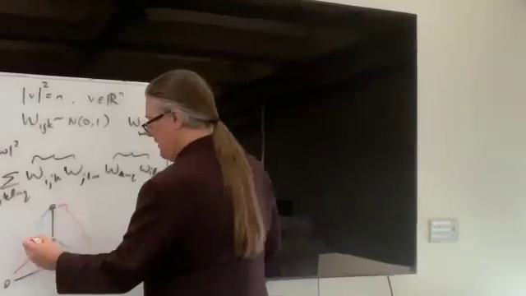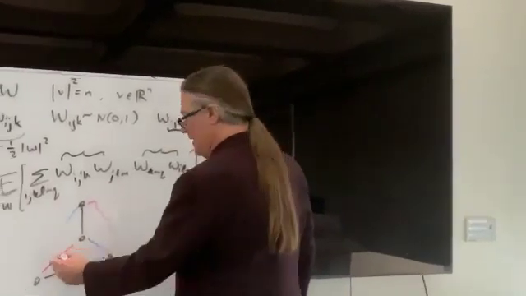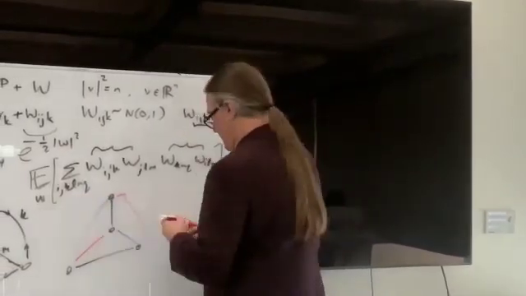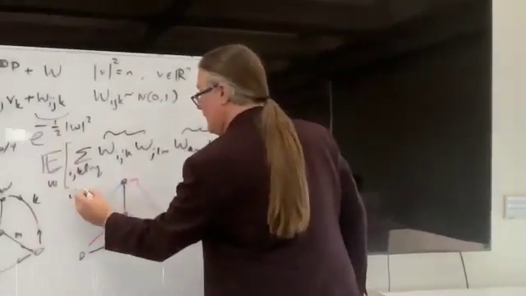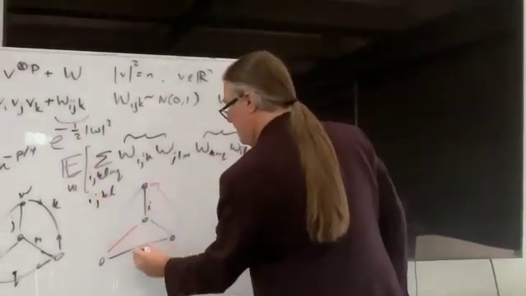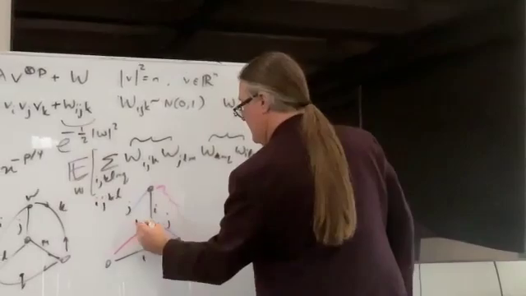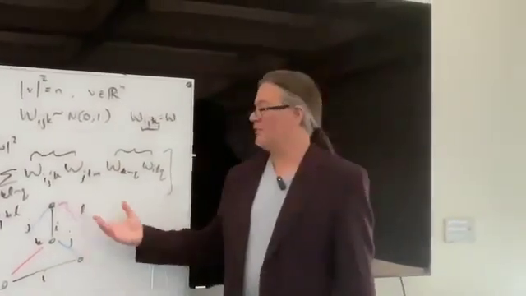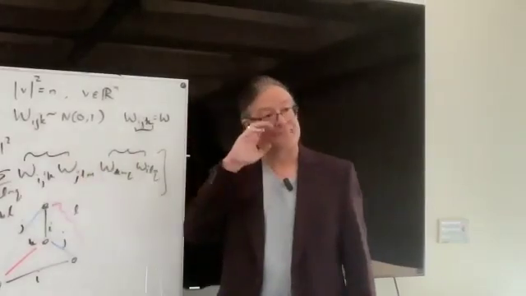So maybe the blue ones could be i, the black ones could be j. So we would just be summing over i, j, k, and l, say. And every such tuple would contribute 1 to this sum.